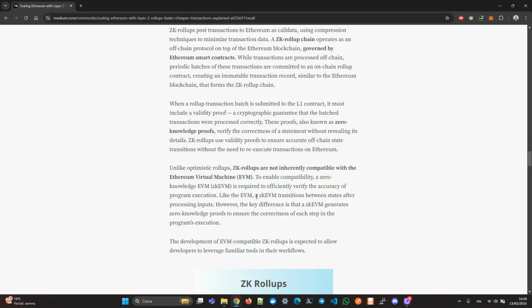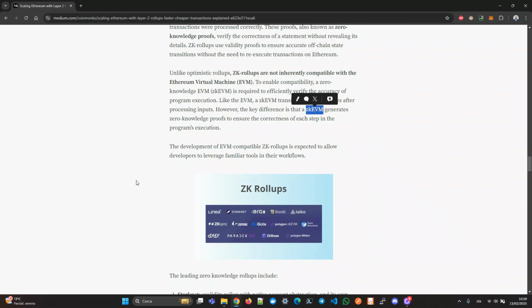The difference of this ZK virtual machine is that they have to generate a zero knowledge proof to ensure the correctness of each step in the program execution. This is the main difference between the zero knowledge EVM and the Ethereum EVM.